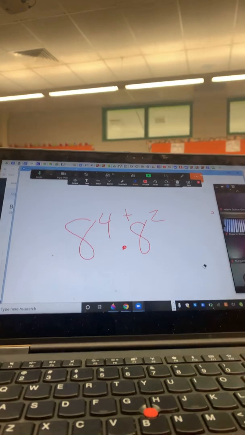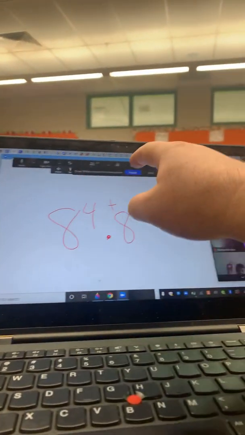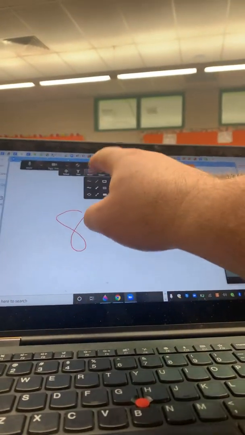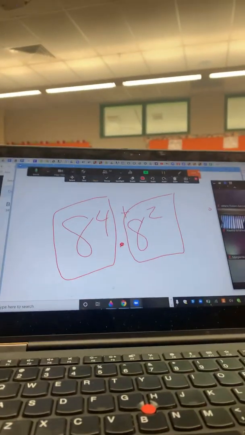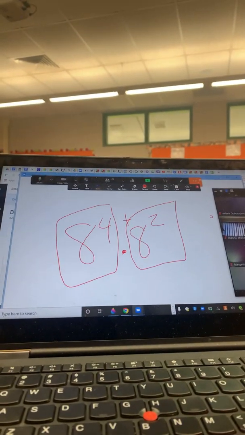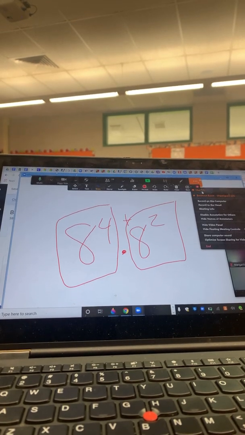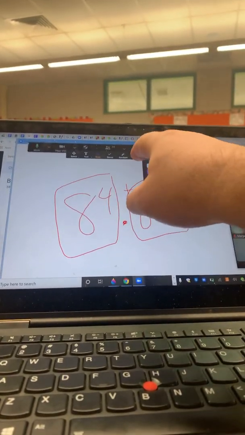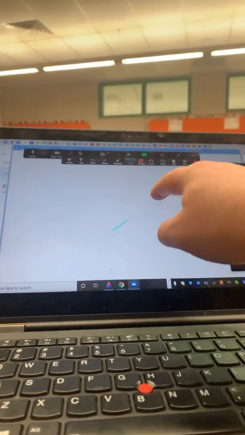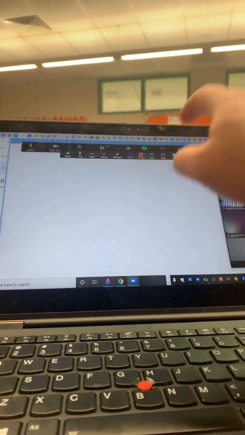There are 2 different powers, 1 and 2. We're multiplying 2 powers with the same base. Good. All right, so we have this down whenever we are multiplying with 2 different powers.